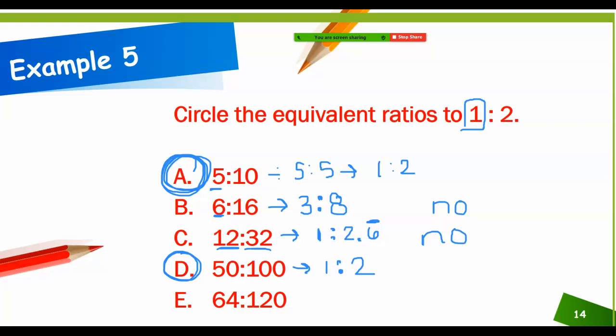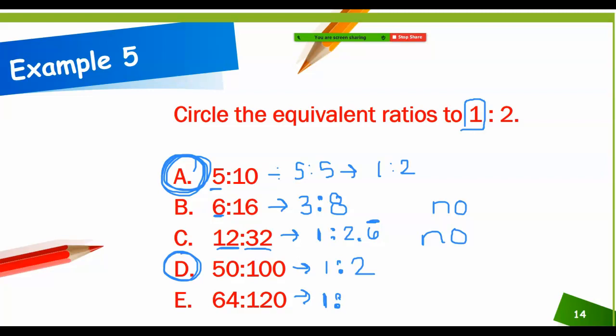Okay, letter E. We have 64 and 120. So do we want to divide by 64 because we like Madison's way? Yeah. All right, so 64 divided by 64 is 1. 120 divided by 64 is not 2, right?